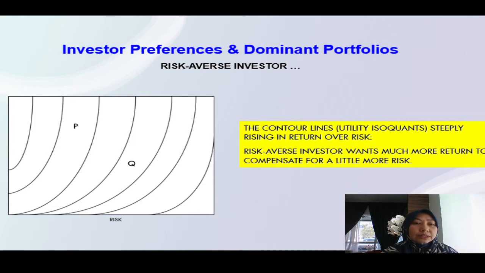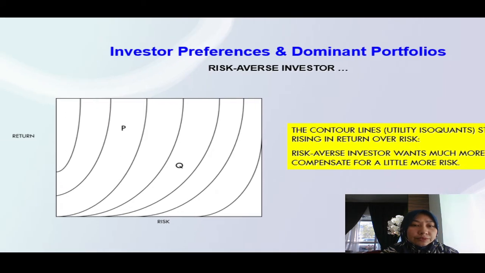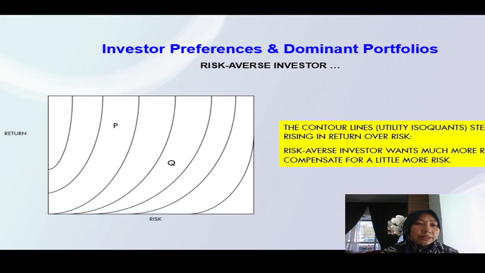So these are the lines, the utility iso points, steeply rising in returns over risk. In this graph we can see it is risk over return. For this type of investor, they are more towards returns rather than risk.